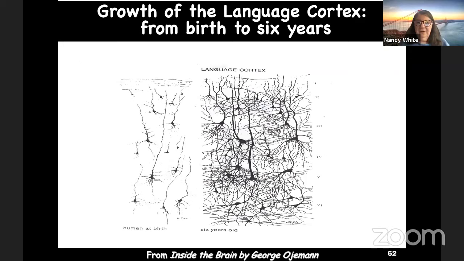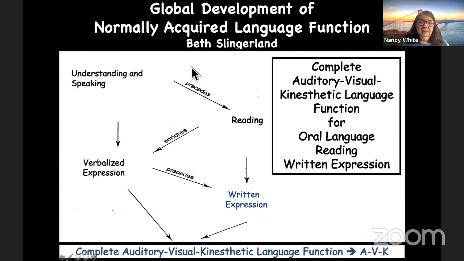So this goes back just to learning and practice. You see the human language cortex at birth, and at 6 years old, neurons exactly the same. It's the connections and the learning from oral language that have occurred over that amount of time. And Beth Slingerland's model: understanding and speaking come before reading.